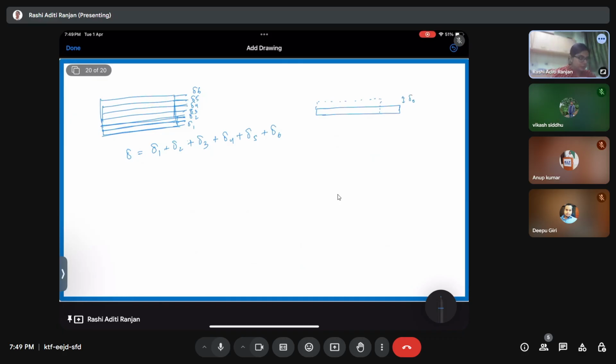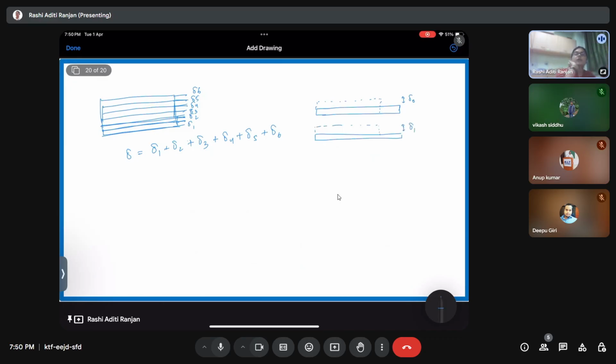For the first layer. Second layer, let us say was something like this, delta 1.